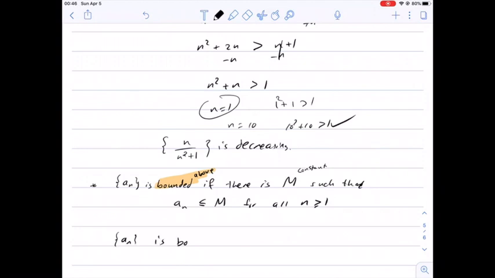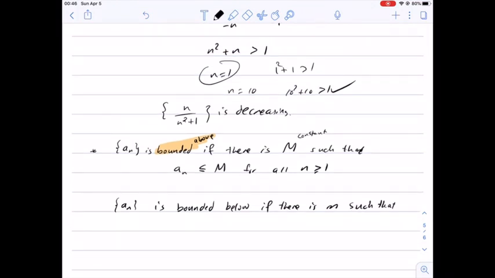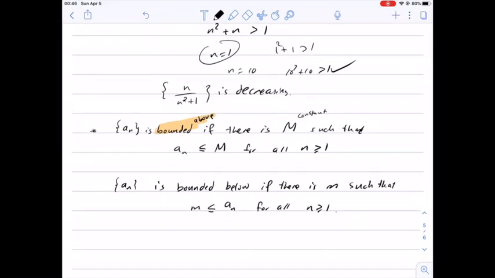And the sequence a sub n is bounded below if there is little m such that little m is less than or equal to a sub n for all n greater than or equal to 1.